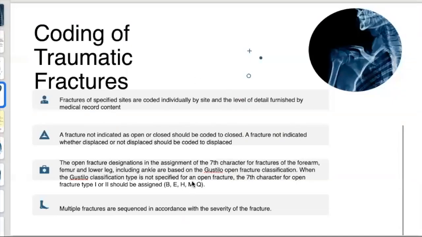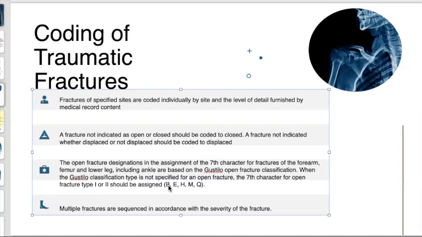See this? Let me read again. The open fracture designations in the assignment of the 7th character for fractures of the forearm, femur, and lower leg, including ankle, are based on the Gustillo open fracture classification. When the Gustillo classification type is not specified for an open fracture, the 7th character for open fracture 1 or 2 should be assigned.